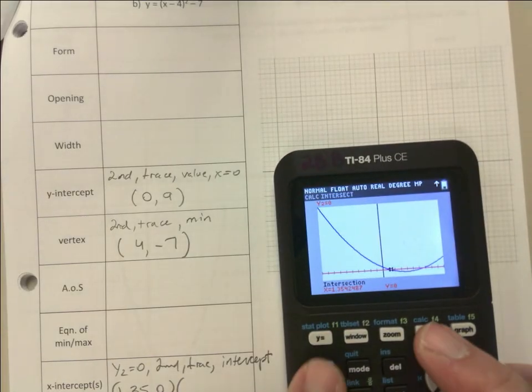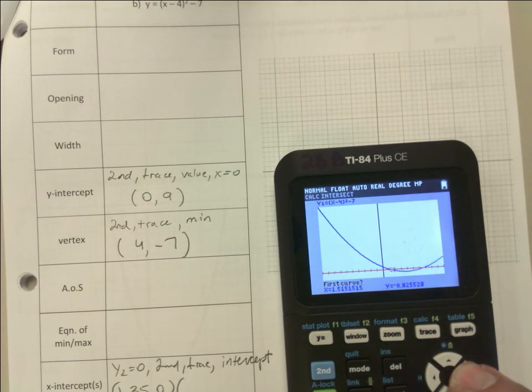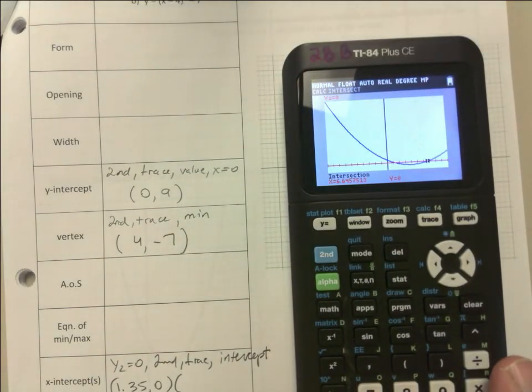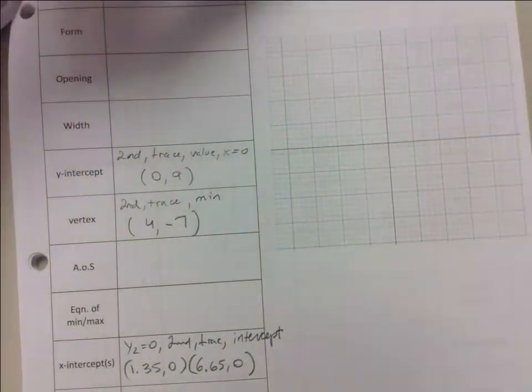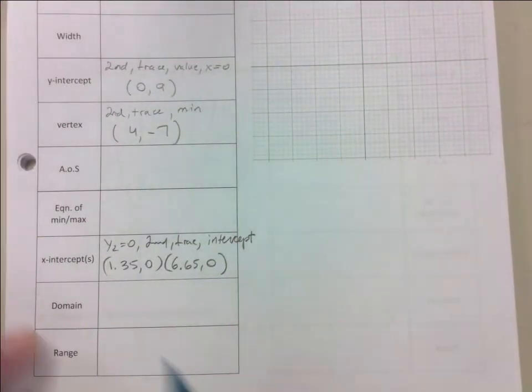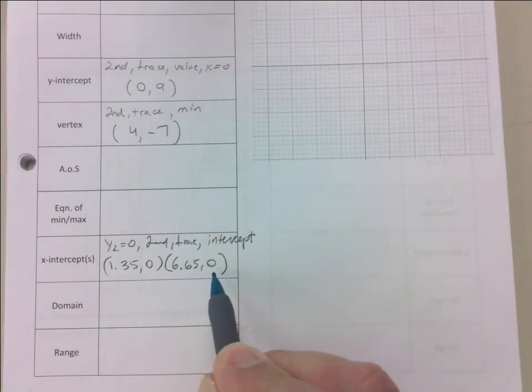So I got to go second, trace, intersect one more time, move over to that one, get as close as possible, and hit enter 3 times. There it is. 6.650 is that intersection. You can't see that, can you? Sorry about that. There it is. Those are the 2 x-intercepts for this particular form.